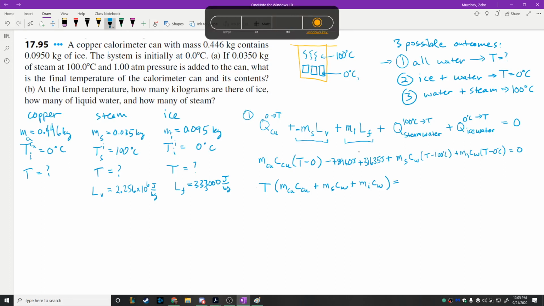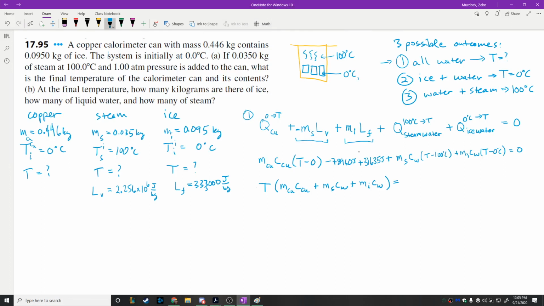31635 minus 78960. 47,325, but it's negative over here, so it'll be positive over here. Okay, that's what you get when you do this minus this and then add it.